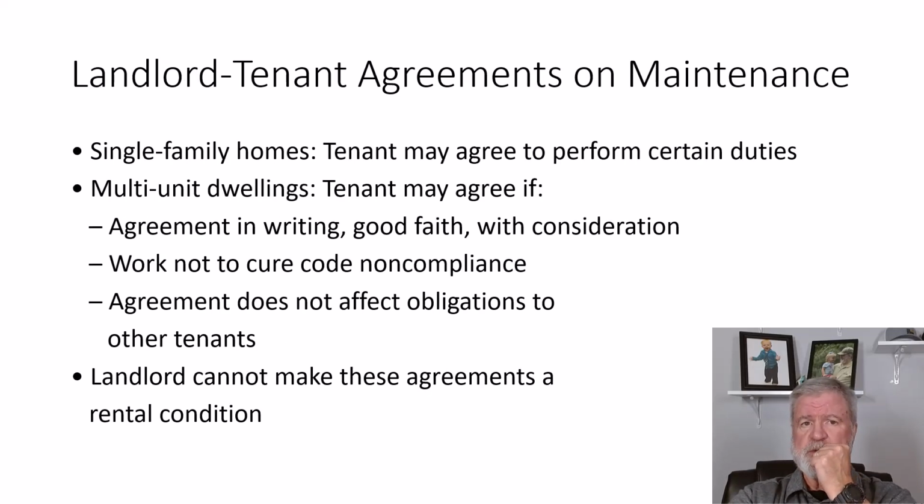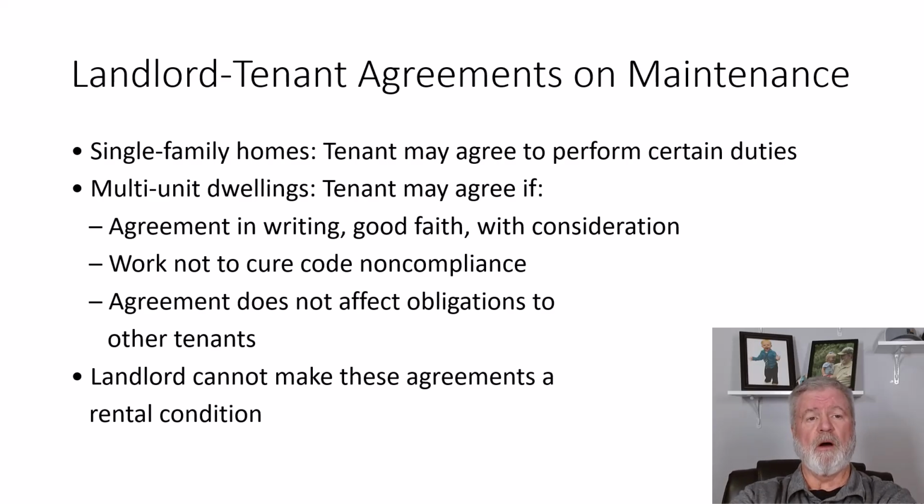But then when it comes to the agreements on maintenance, in some cases, if the landlord and the tenant agree, they can move some of these maintenance requirements that typically would belong to the landlord. They could put it on the tenant in some cases, and only if the tenant agrees. So let's see what the requirements are.